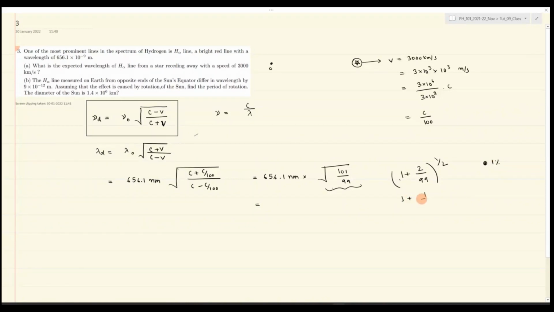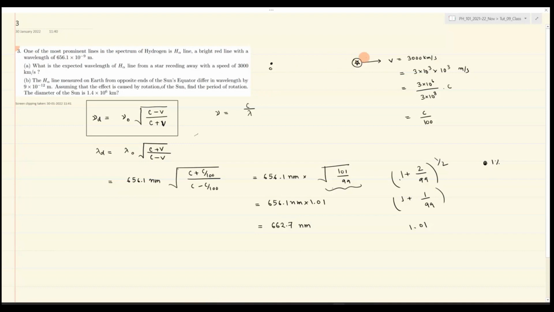So it will be 1 by 99. This will be 1.01. So 656.1 nanometer times 1.01. So the wavelength as observed by us will be equal to 662.7 nanometer. And this is how we actually calculate the speed of stars.